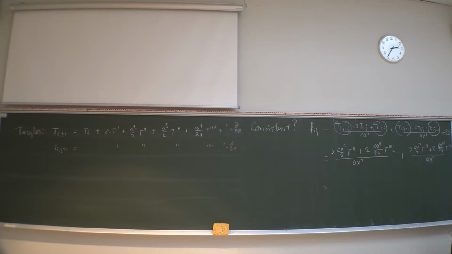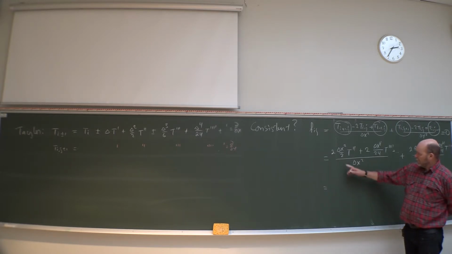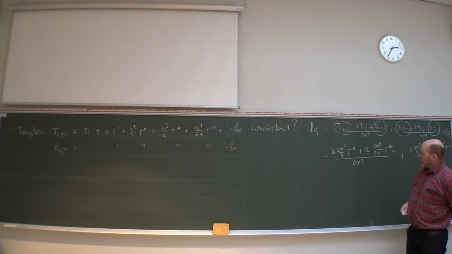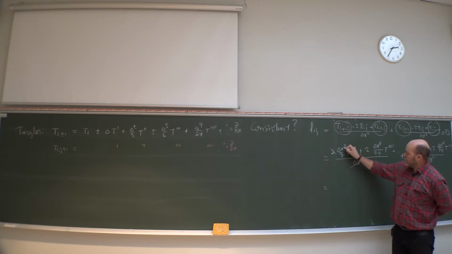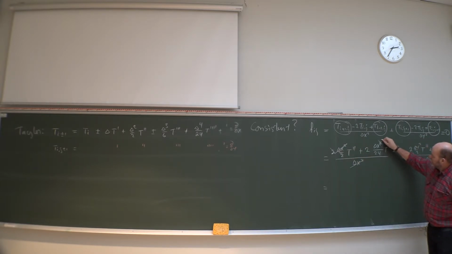So when we rewrite this one a little bit, the 2 falls here, delta x squared falls. So we have it something like this. Same on this side, delta y skips and skips. So what do we get?